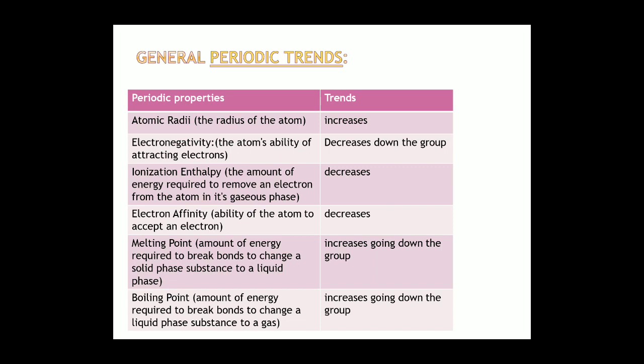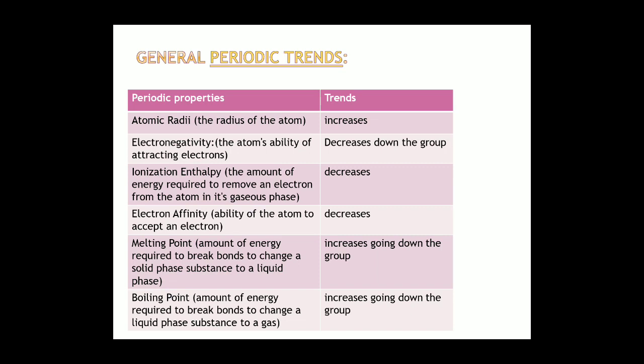These are the basic properties: atomic radii, electronegativity, ionization enthalpy, electron affinity, melting point and boiling point. As we know very well, when we go down the group, atomic size increases, meaning atomic radii increases. Why?